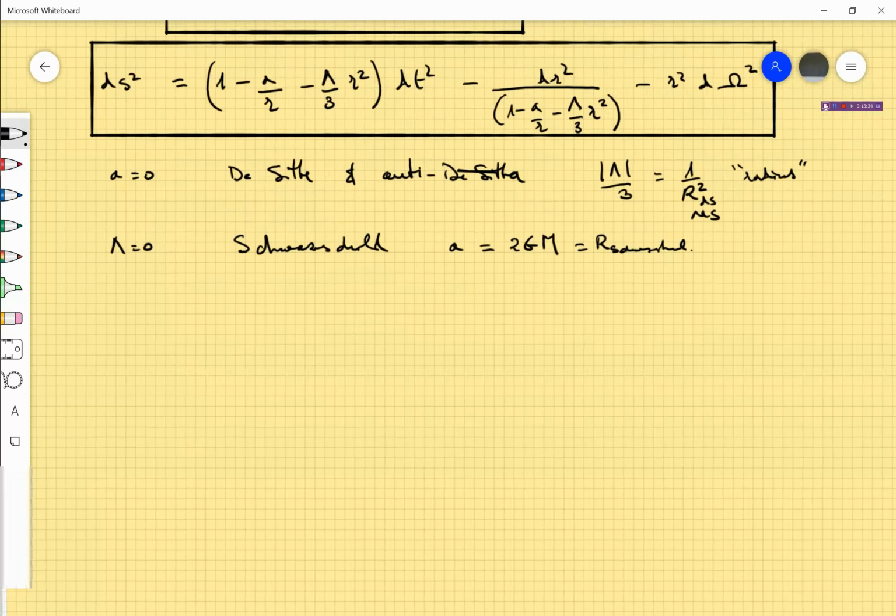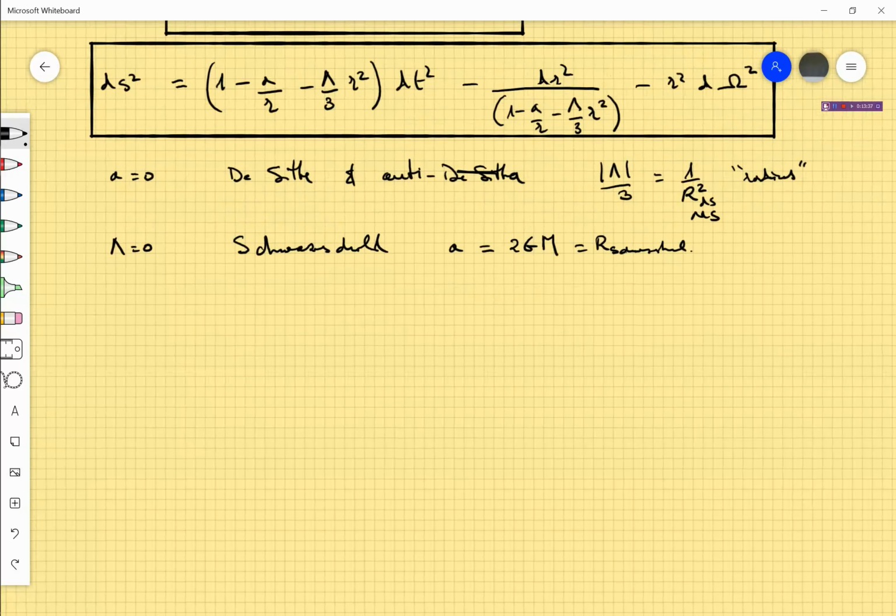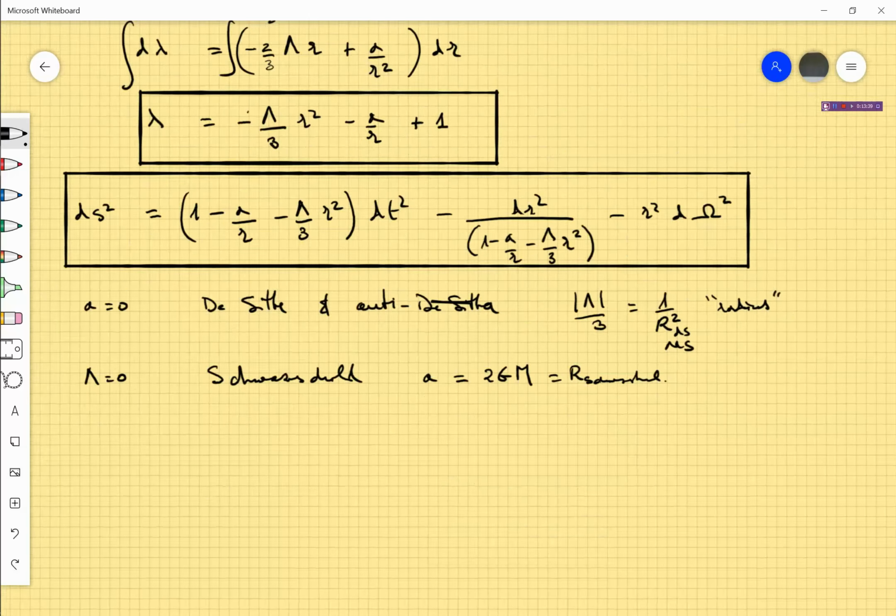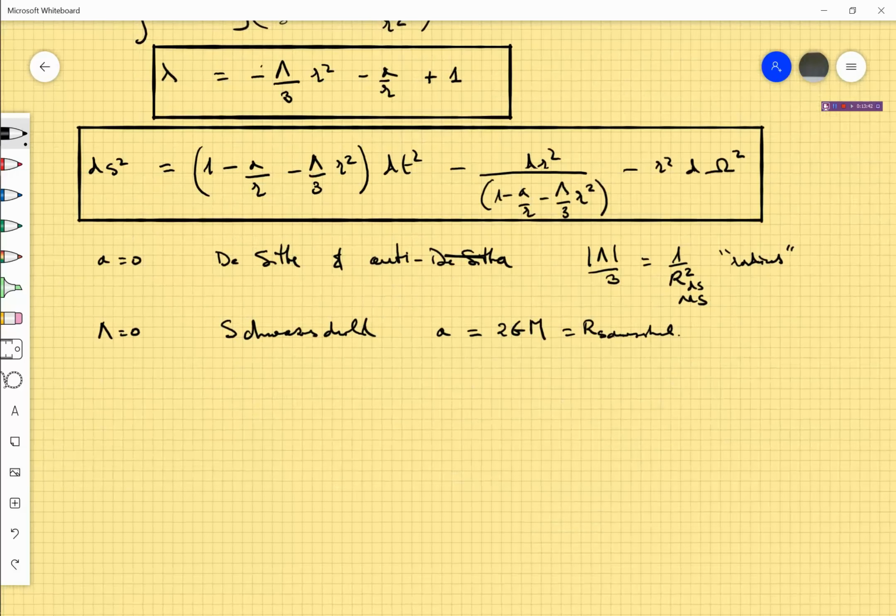Now you could be tempted to say that it must be the same, but although it is the same, this is not so easy to say because this identification was made in the asymptotic regime. You just go to a faraway distance, you measure the Newtonian potential, and you say, okay, this Newtonian potential was produced by this total mass M. Okay, and this is how you identify the value of the constant a.